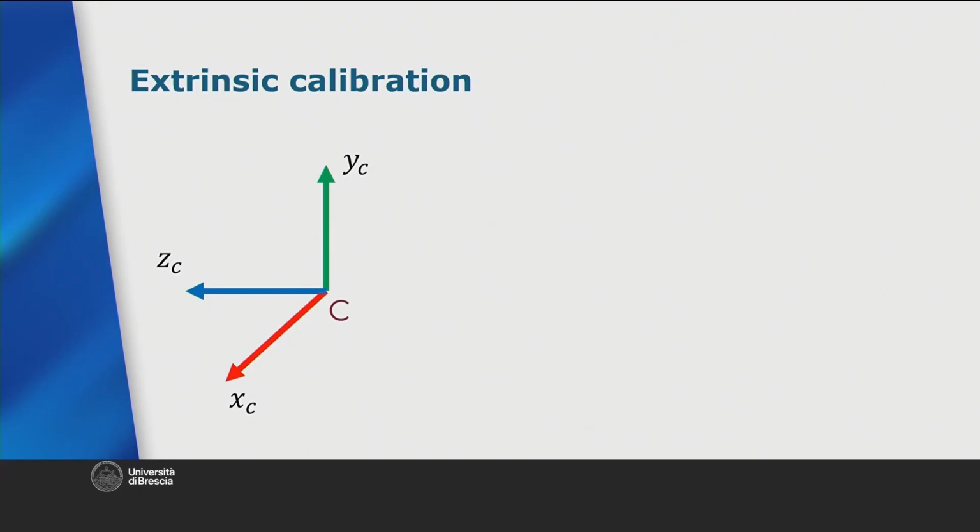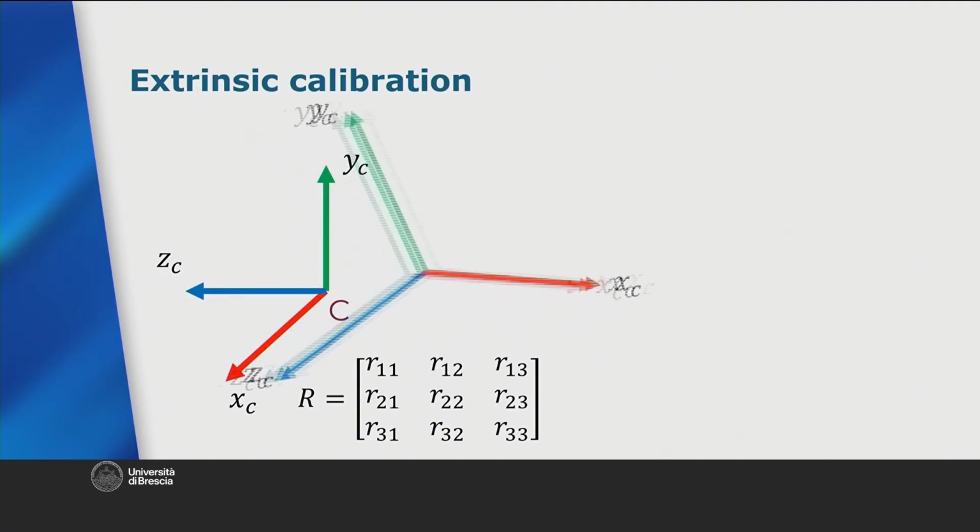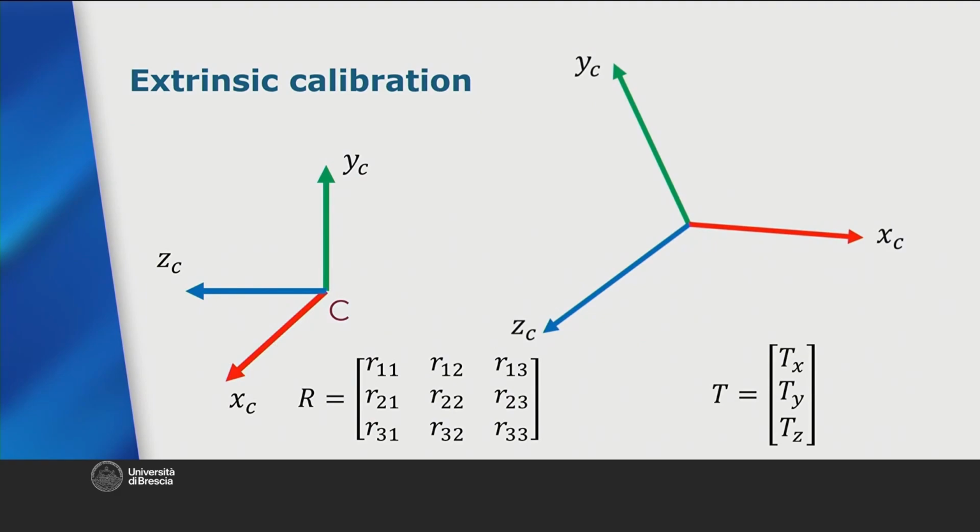To go from one system to another, you generally need to apply a rotation and a translation. The rotation is used to rotate all the axes of the starting reference system in comparison to the origin of the reference system itself. The translation is used to move the just rotated reference system through space. The rotation is usually described by a 3x3 matrix, called the rotation matrix, which contains 9 interrelated values.